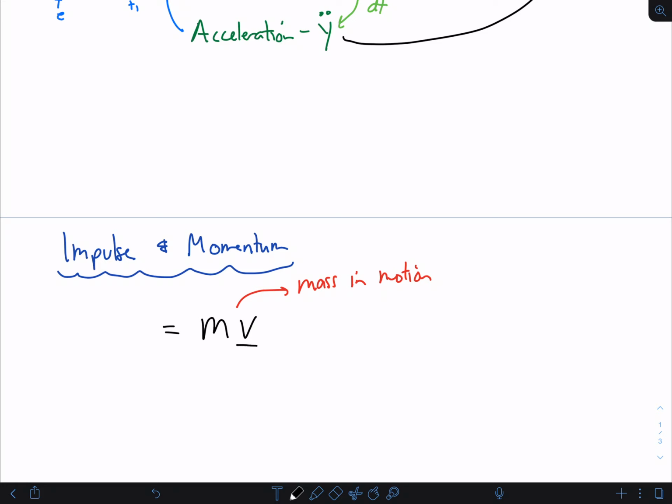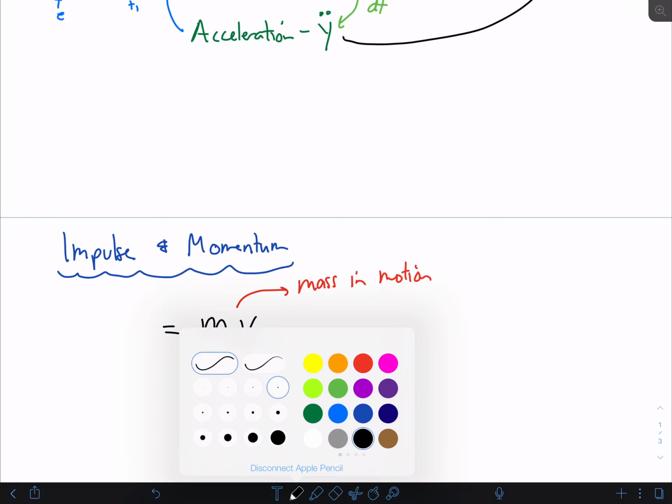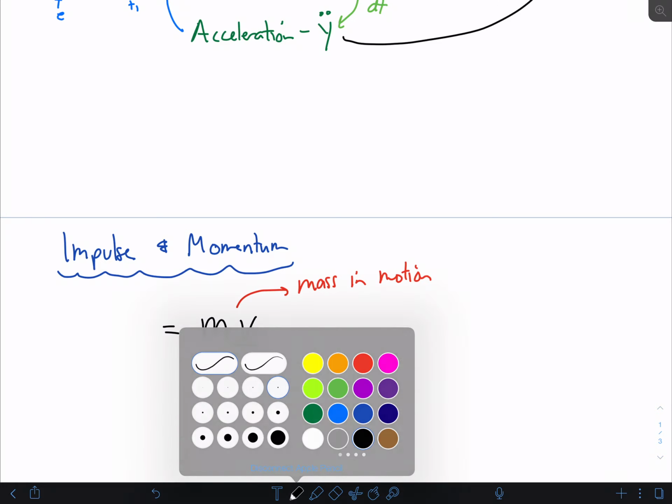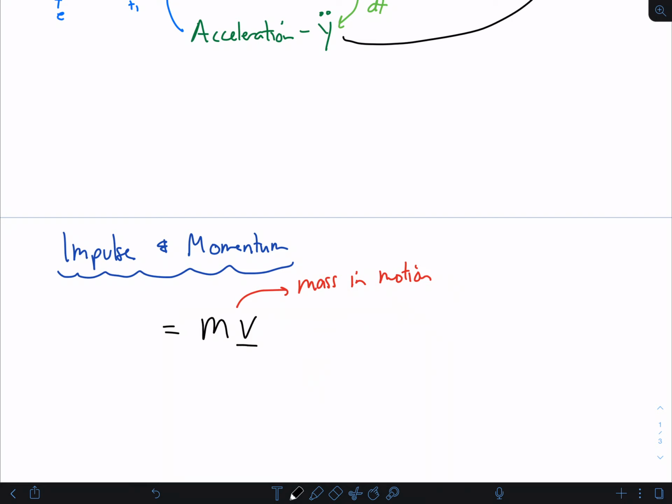So if you want to change something's momentum, right, you can apply a force, but you actually have to apply a force over some amount of time, right? You can't just apply it for a split second. If you really want something to change its velocity, you need to apply a force, but that force needs to be over some amount of time. So this impulse term is the integral of force dt from some time 1 to some time 2.